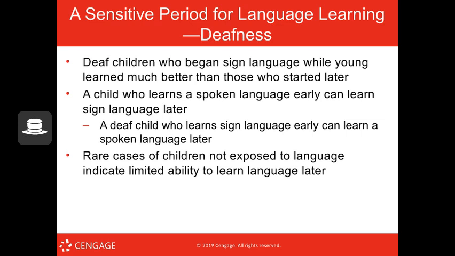If you learn spoken language early on as a child, you can still learn sign language later. And a deaf child who learns sign language early can also learn a spoken language later on. There are very rare cases of severe neglect in children where they are not exposed to language at all, and you'll see that they have a very difficult time learning language later.